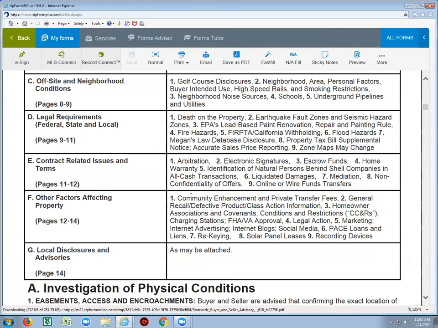Neighborhood noise source, schools, underground pipeline, and utility. Those you can check. School district, people would like to know. It's like, okay, at this address, what school will we attend? I don't know. You have to ask the school district, or I do the search.